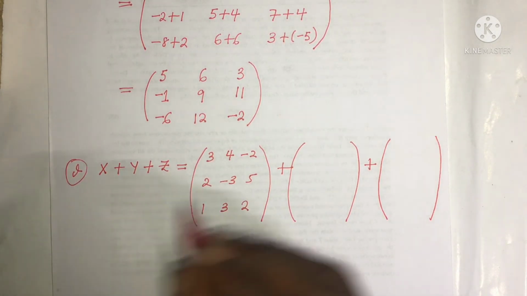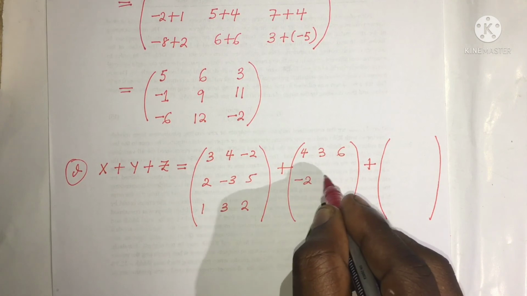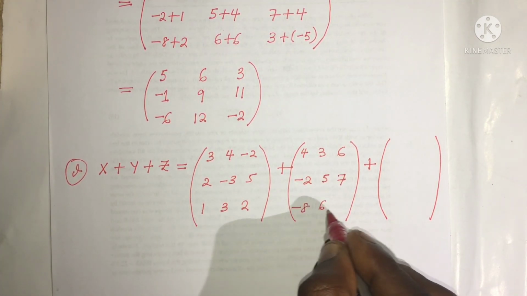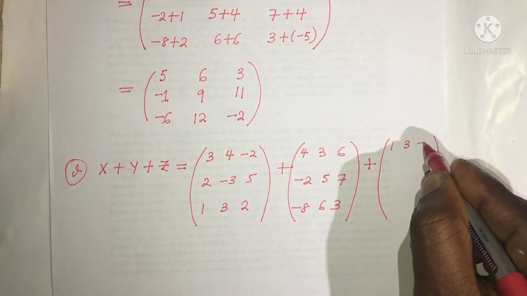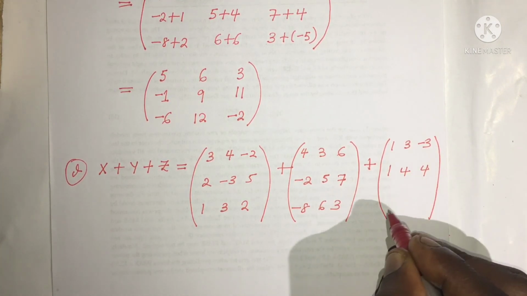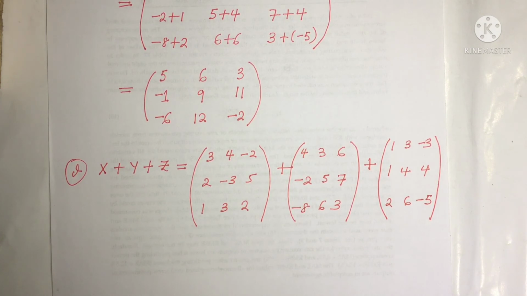The matrix Y is 4, 3, 6, minus 2, 5, 7, minus 8, 6, 3, and lastly, Z is 1, 3, minus 3, 1, 4, 4, 2, 6, and minus 5.